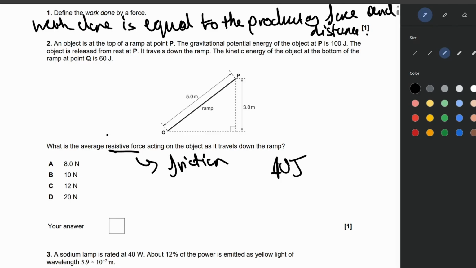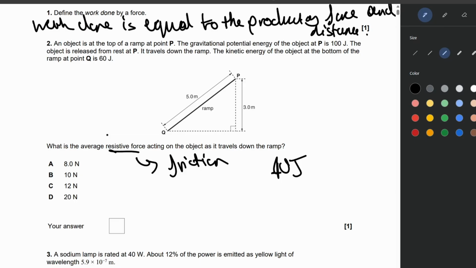What is the average resistive force as it travels down the ramp? So how do I get from joules to newtons? Well, work done is equal to the product of force and distance. Oh, so we need the distance. The distance is 5 meters, right?